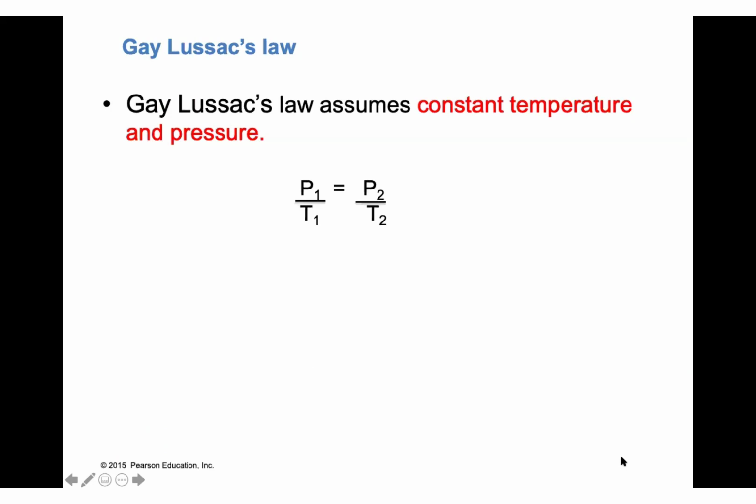Okay, in Gay-Lussac's law, we have this equation. As you see here, P and T are changing, and which ones are not changing? Temperature and pressure are not changing. So let's do a question for it.